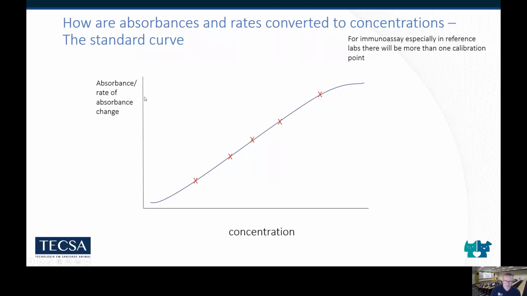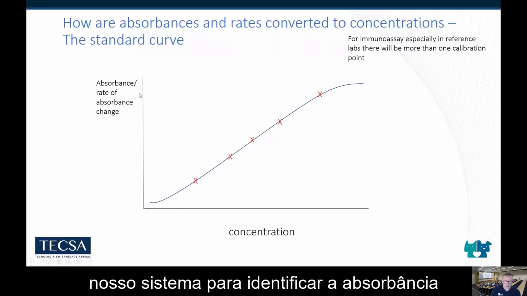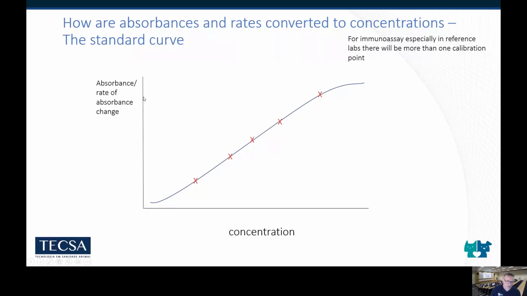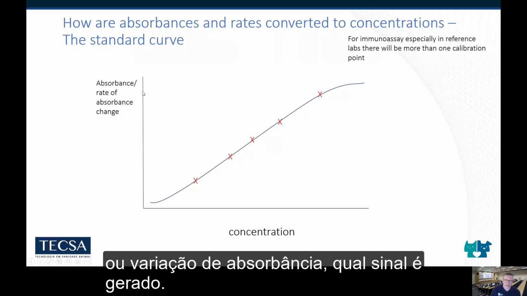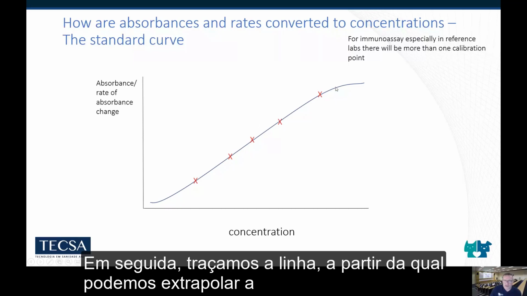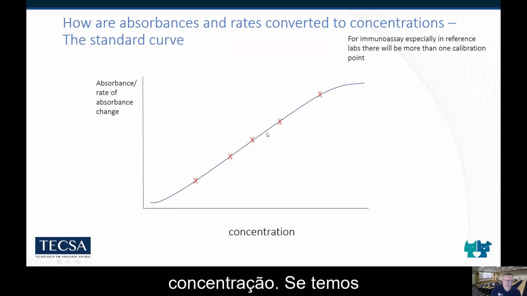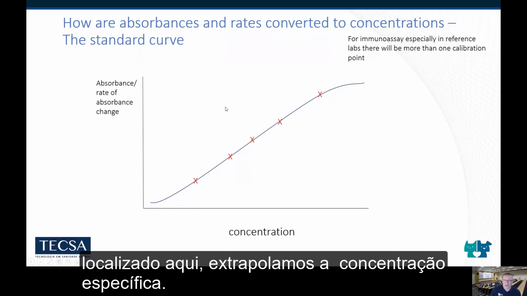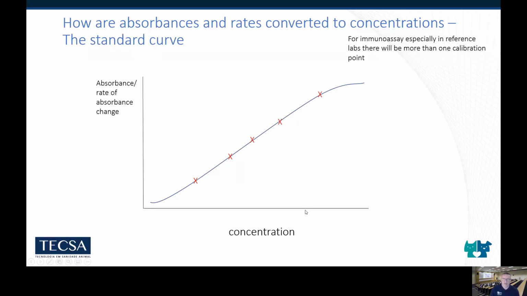We have run those in our system to find out what absorbance or change of absorbance, what signal is generated. And then we can draw a line through that from which we can then extrapolate our concentrations. So if we had a signal that was about here, we could extrapolate that to a particular concentration.